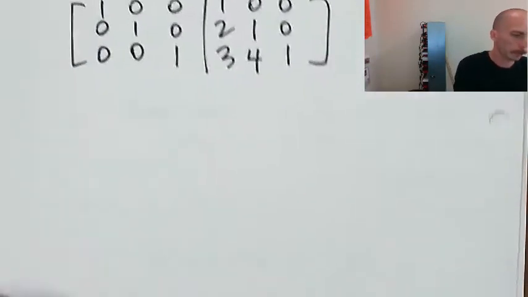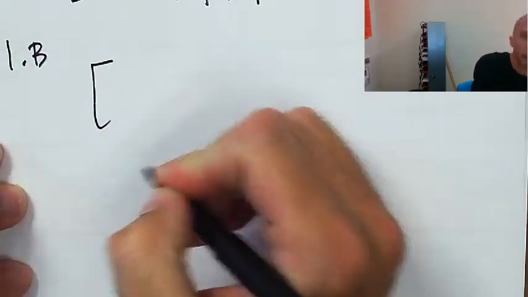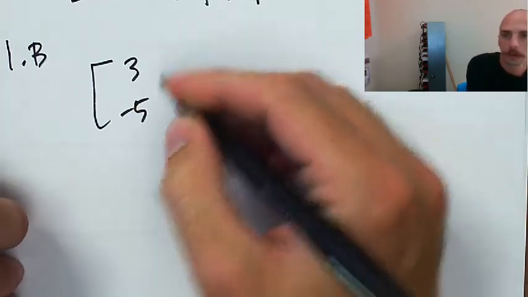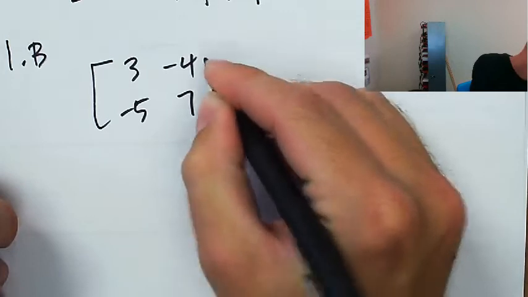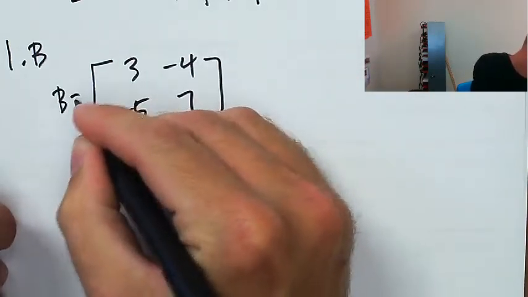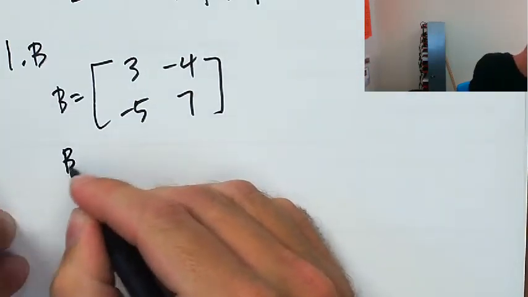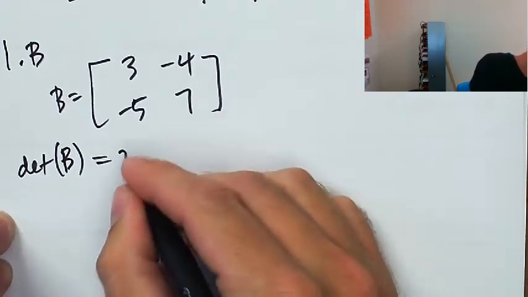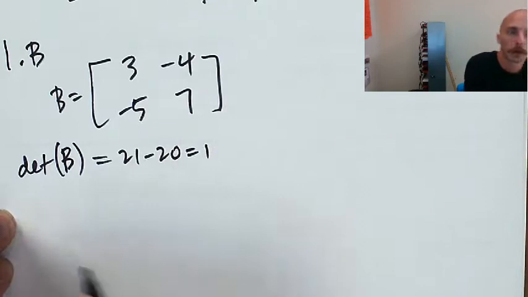All right. Let's move that up a little bit. Okay, for a matrix that's 2 by 2, we're just going to use the trick. Negative 4 and 7. Okay, B is that. The determinant of B is going to be 21 minus 20, which is 1.